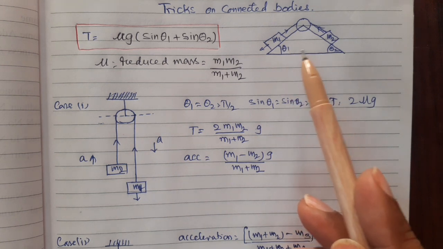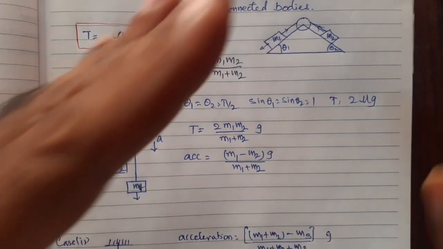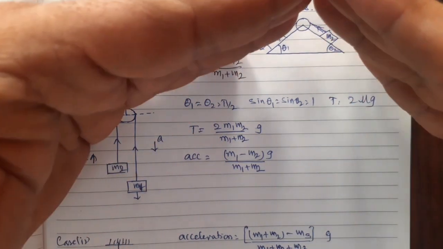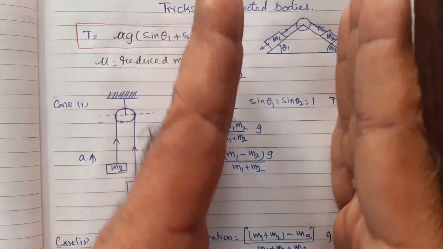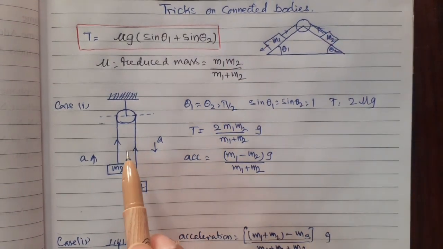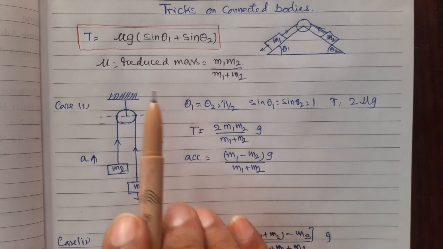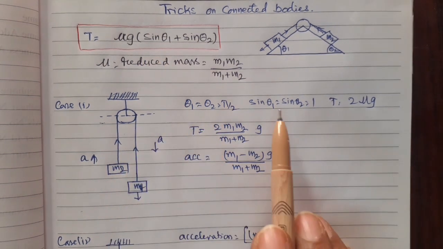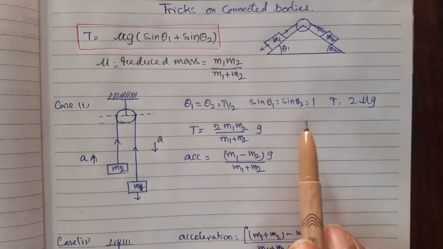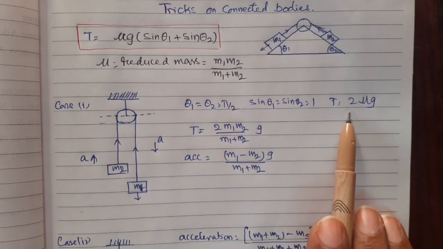If theta 1 is equal to theta 2 is equal to 90 degrees, then these two sides turn like this, and at 90 degrees they become like this. Sin theta 1 and sin theta 2 become 1. Therefore the resultant tension is T is equal to 2 mu G.